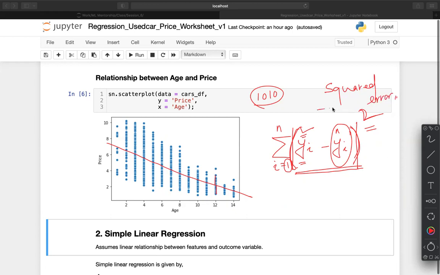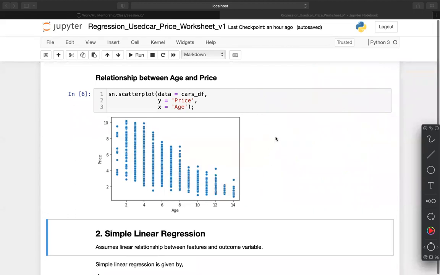In the next session we will look a little bit deeper into why we're taking squared error. For the time being, let's assume that we take a squared error. That means the farther the predicted value is from the actual value, the more penalty we pay. And then we will have to average it across all the data points, right?